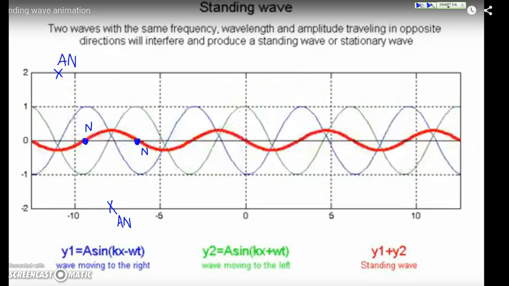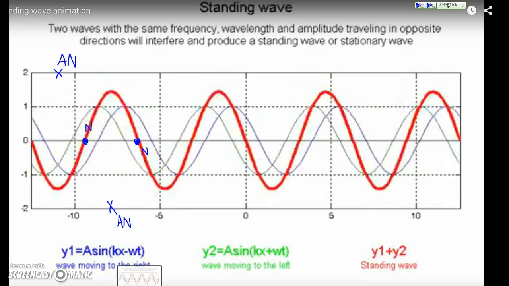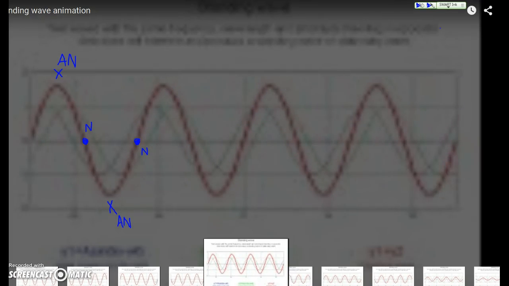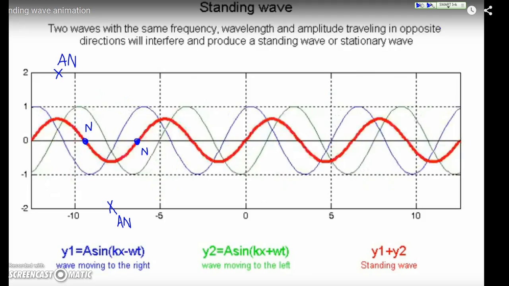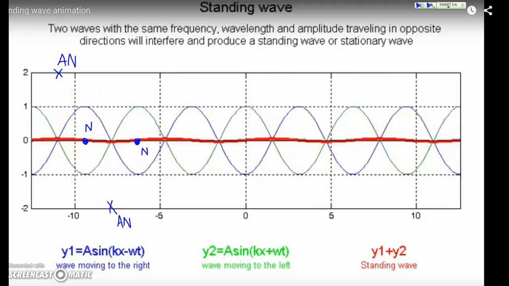Let me try and see if I can move the cursor exactly to where I want it. Let's see. Let me move forward and find a spot where this happens. Let's go a little farther, and right now. Yes. Right now, the very top of blue's crest overlaps with the very bottom of green's trough.